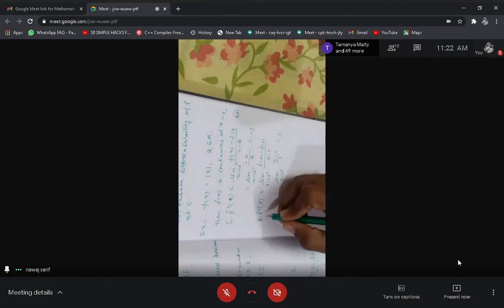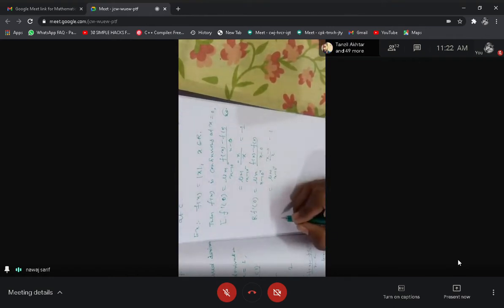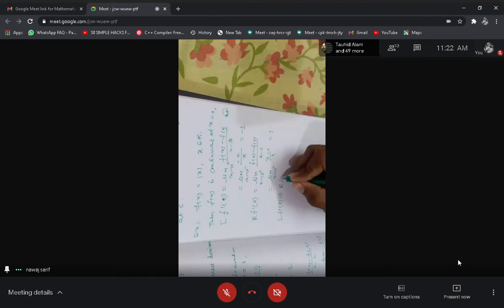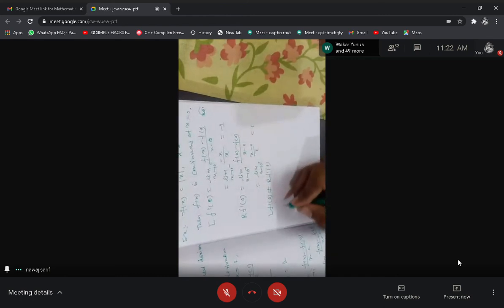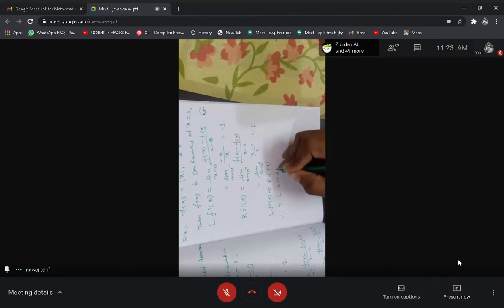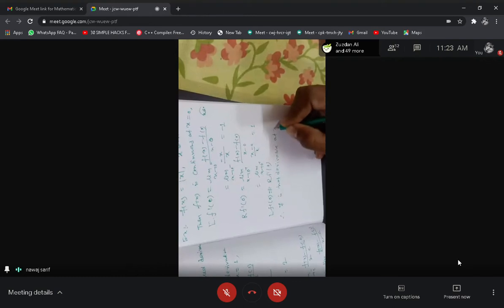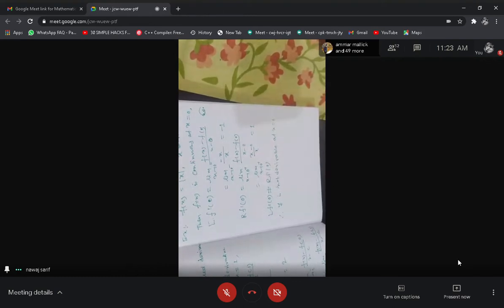That means right hand derivative and left hand derivative are not equal. Okay, so that means this is not derivable. Therefore f is not derivable at x equal to 0.